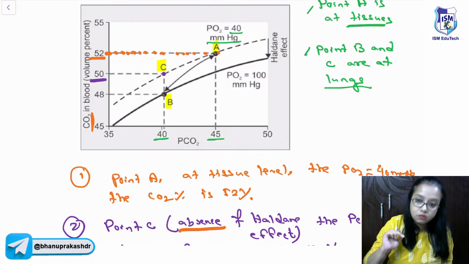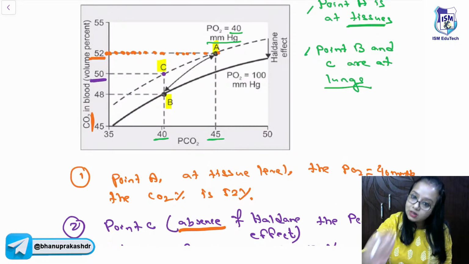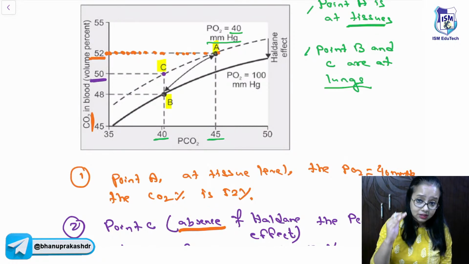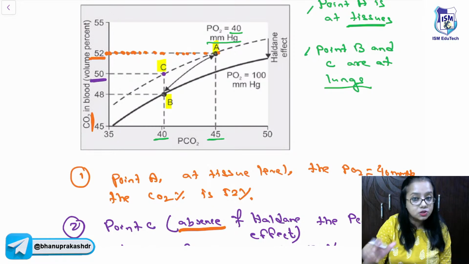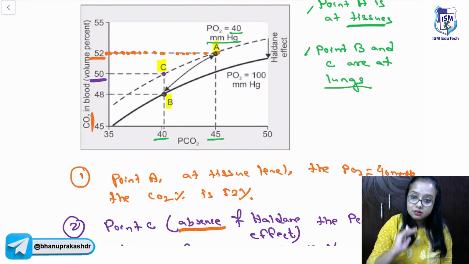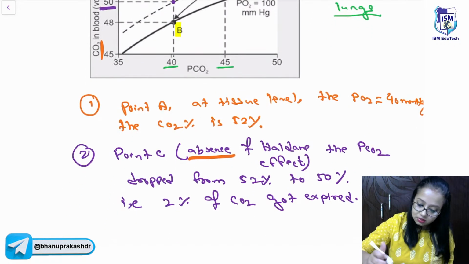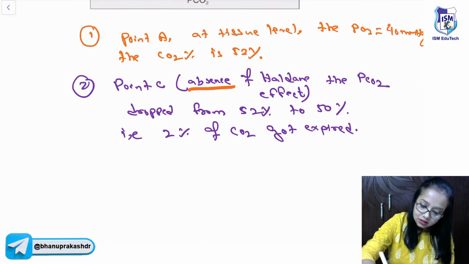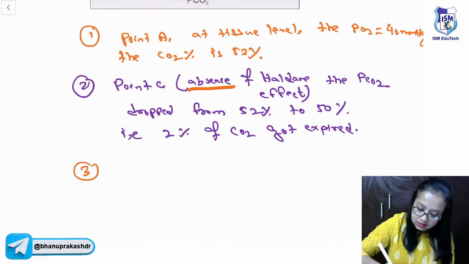So in absence of the Haldane effect, from 52 only till 50, only 2% of carbon dioxide we could expire to the atmosphere, and that equivalent 2% of oxygen now has the capacity to bind in the arterial blood at the level of the lungs.